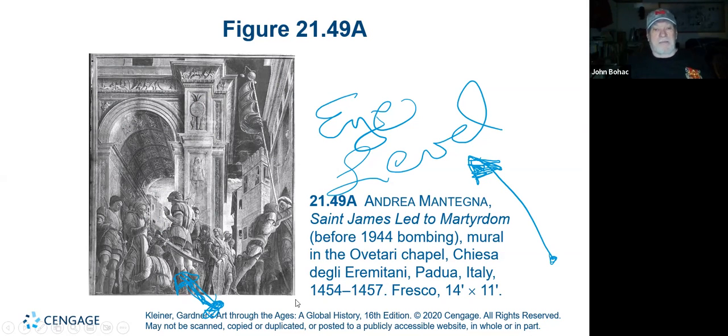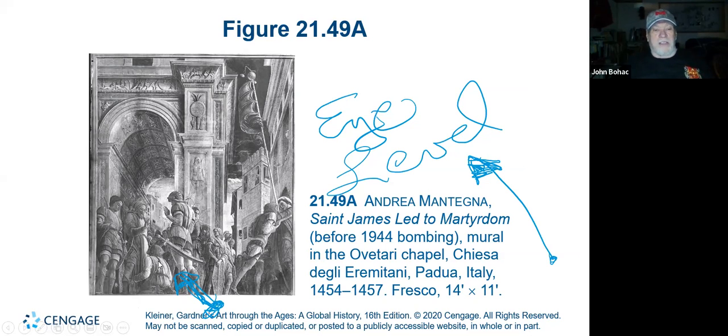That's why we only have a black and white photo of it. But the way you see St. James being led to martyrdom, and there's St. James there, you can kind of see, he's kind of got a halo there.